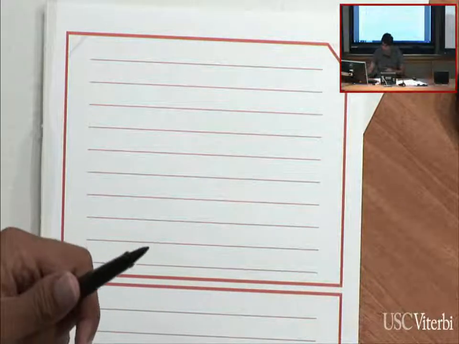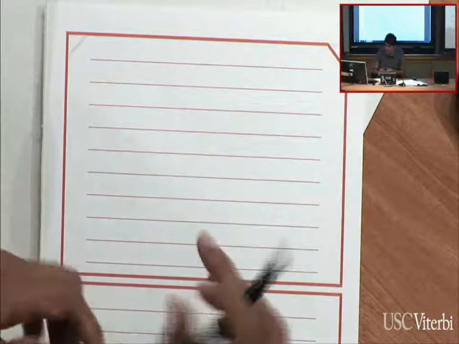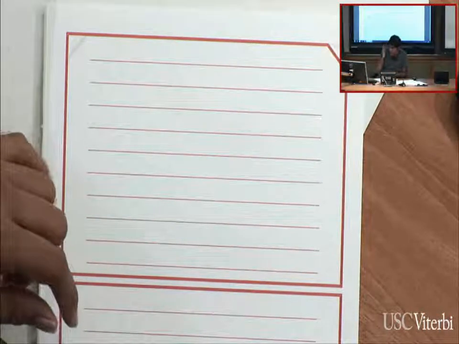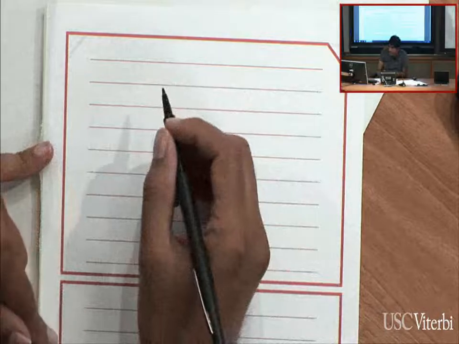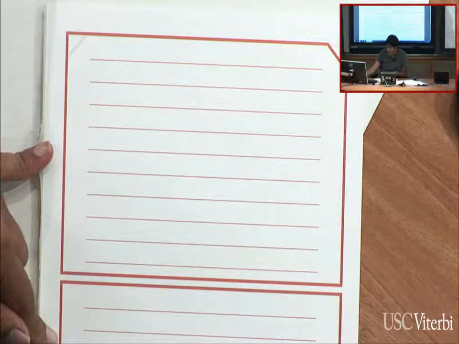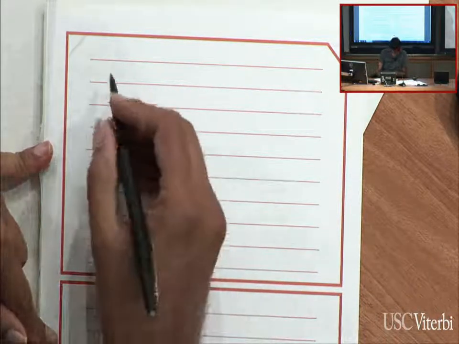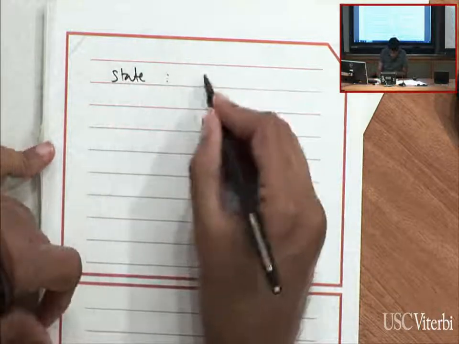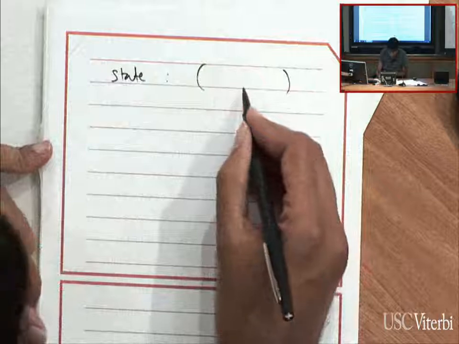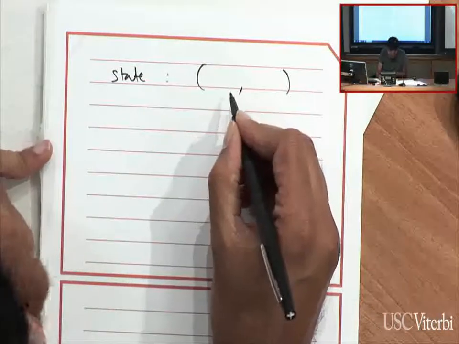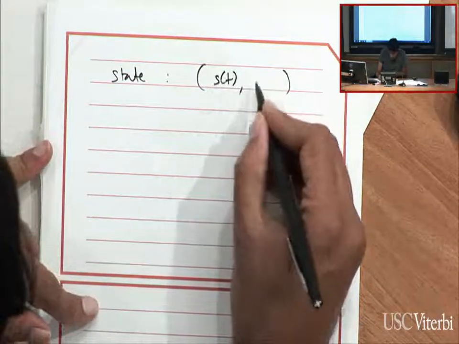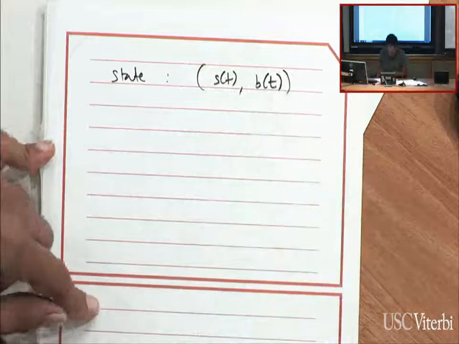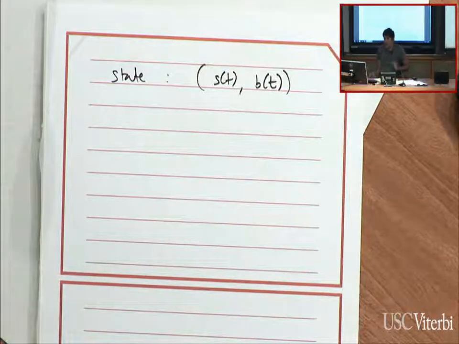In the paper which you're going to get to read, the notation that's being used is as follows. The state is described as a pair. I called it IJ; in the paper they call it S_t, B_t.